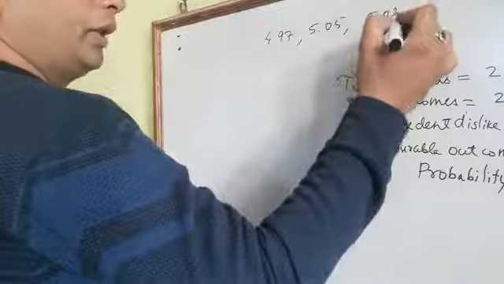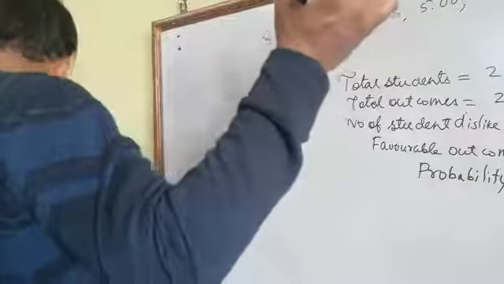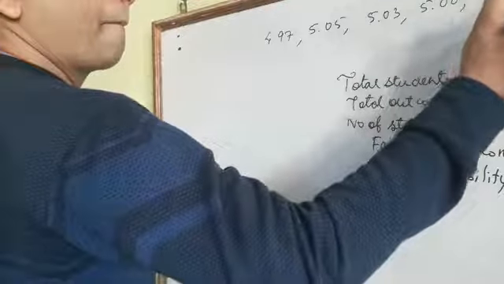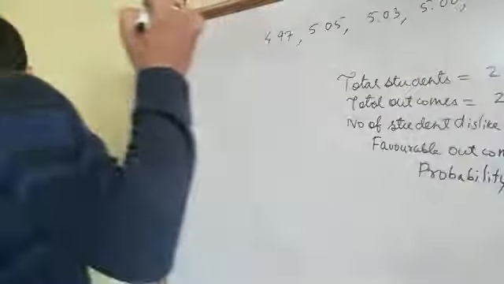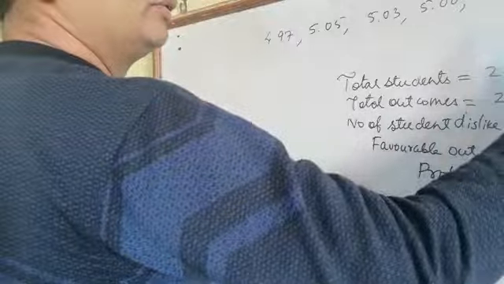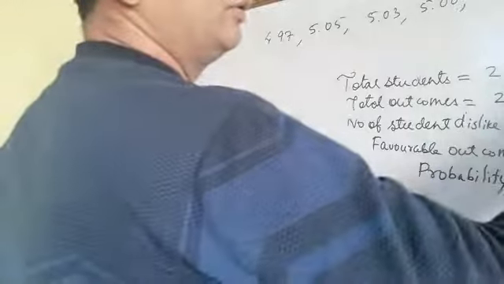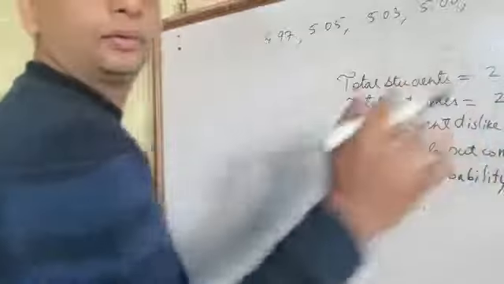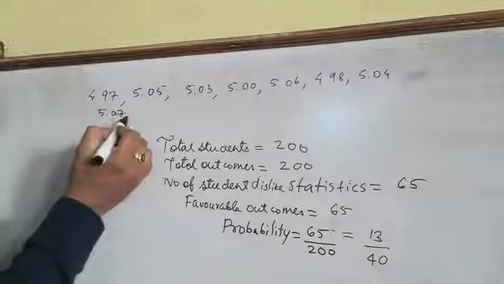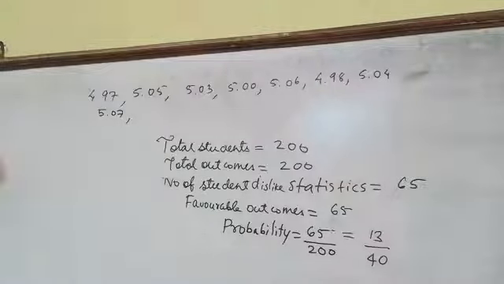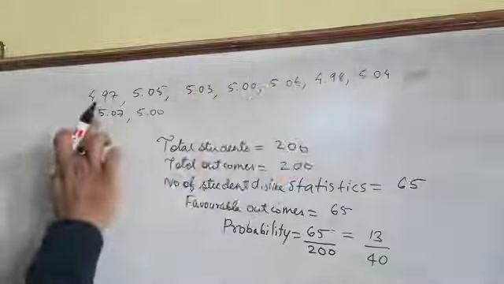5.03, then 5.00, next bag 5.06, 4.98, and next bag 5.04, and 5.07, and 5.07, and last bag it was 5.00. 1, 2, 3, 4, 5, 6, 7, 8, 9.